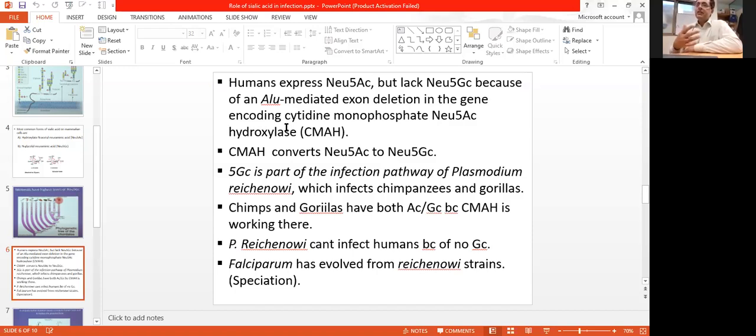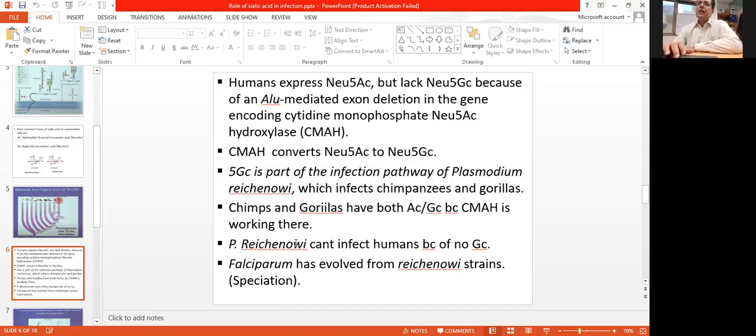It means that Plasmodium reichenowi cannot infect humans because of no Neu5Gc, this form of the sialic acid in human beings, because of not having CMAH to convert Neu5Ac into Neu5Gc. Neu5Ac is there inside human beings, but Gc is not there.